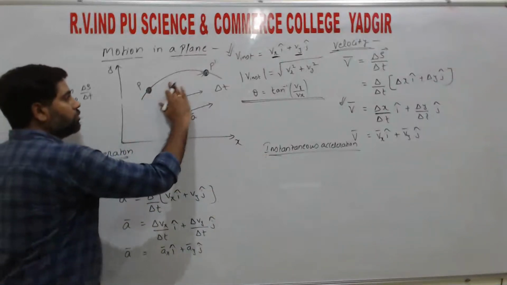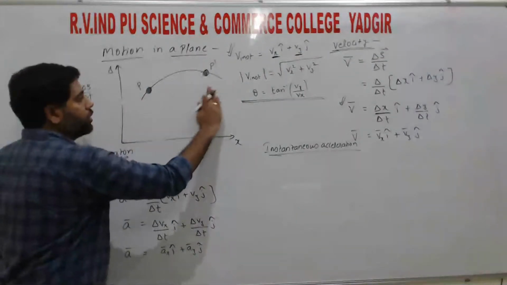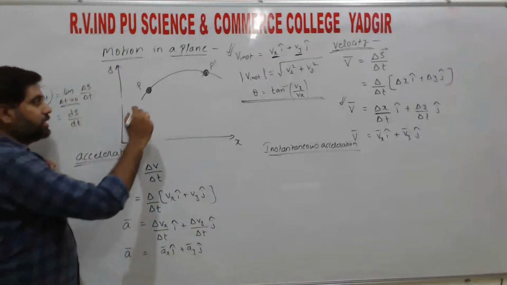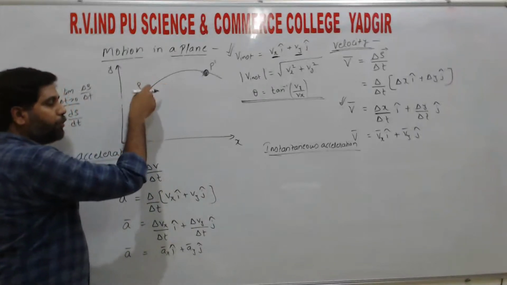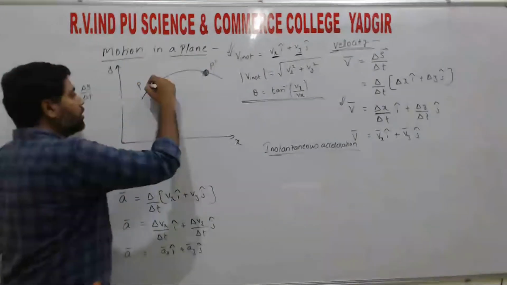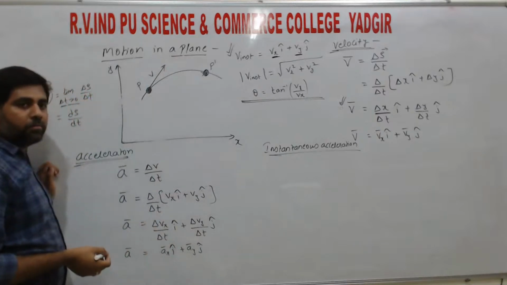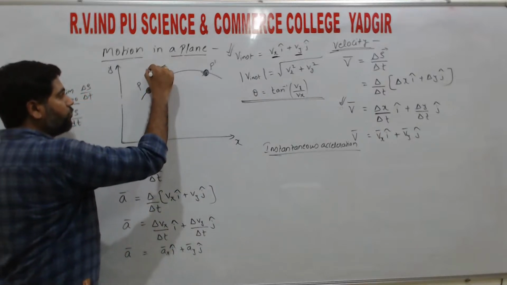So now by drawing the instantaneous velocity at the point P, right? So when the position is there, what is the instantaneous velocity? By drawing the tangent, right? So this gives what? V. Since this is the initial one, we have taken V.